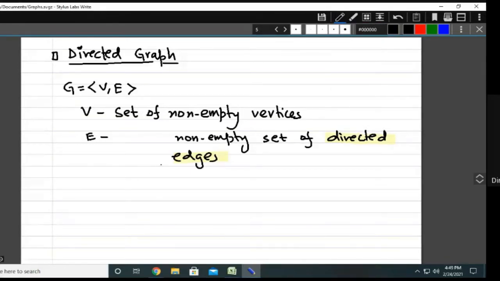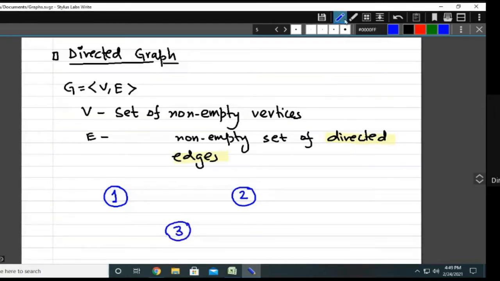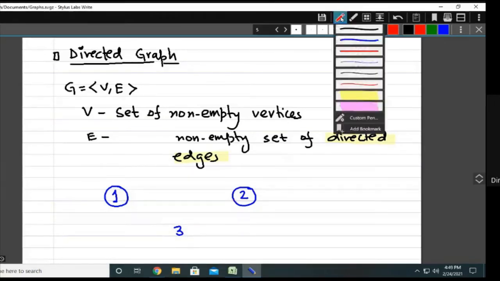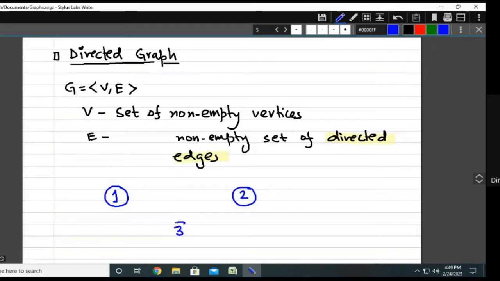Okay, so let us have some example. Let's say this is node number 1, this is node number 2, and this is node number 3. So when I say that it is a digraph or directed graph, here you will have a direction.